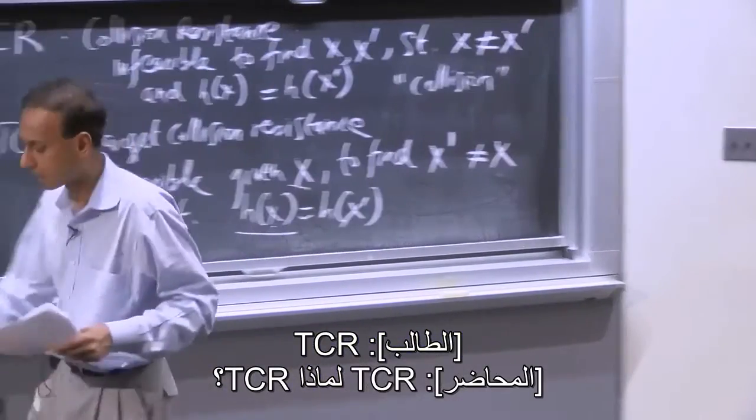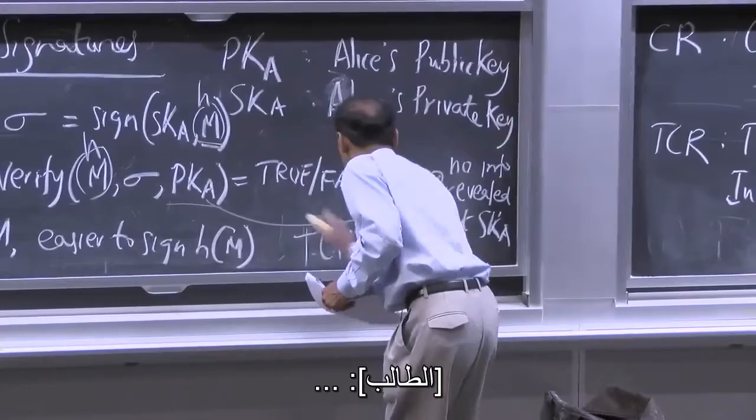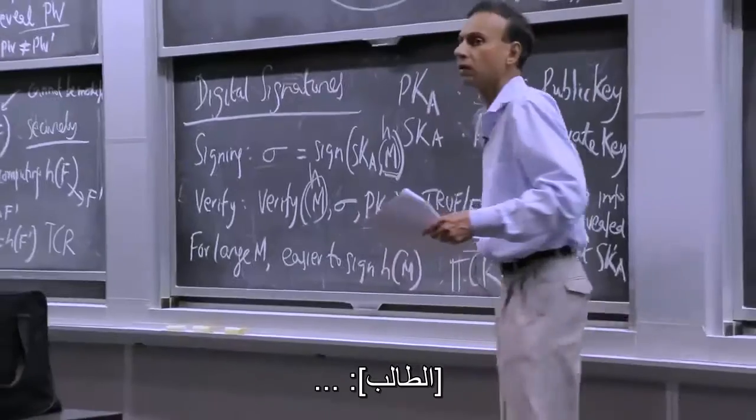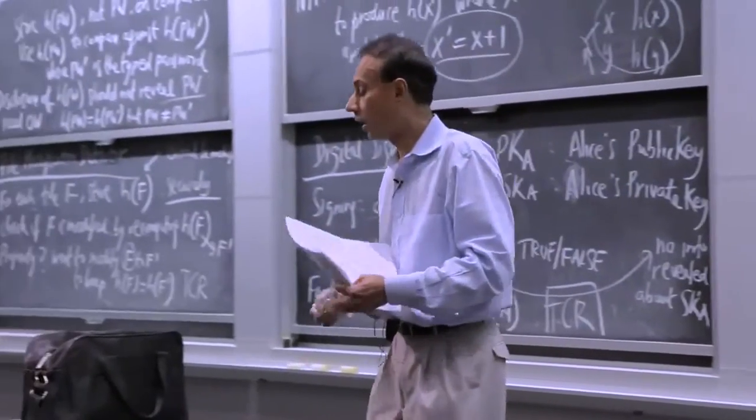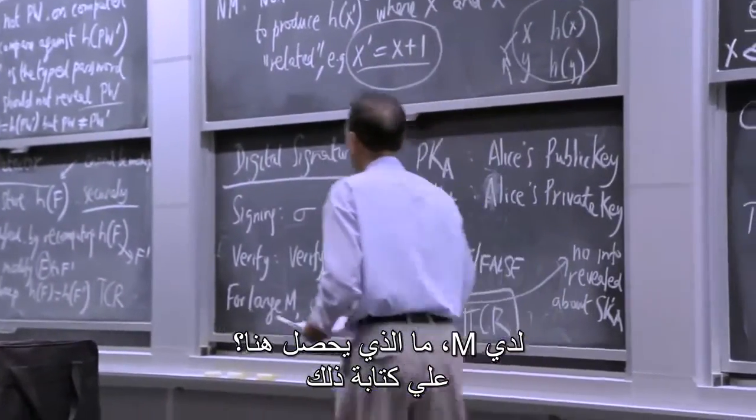TCR. Why TCR? So I have M. So what happens here? I should write this out.